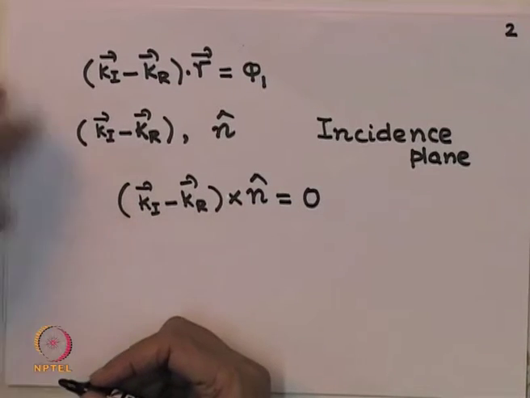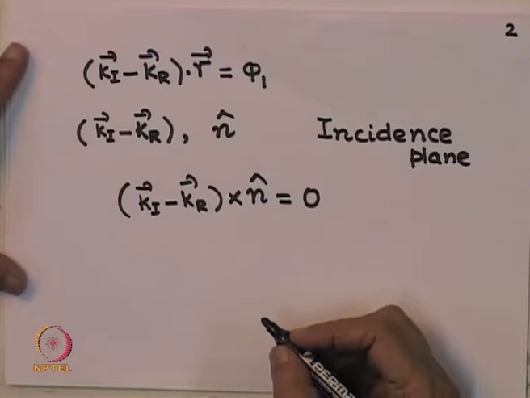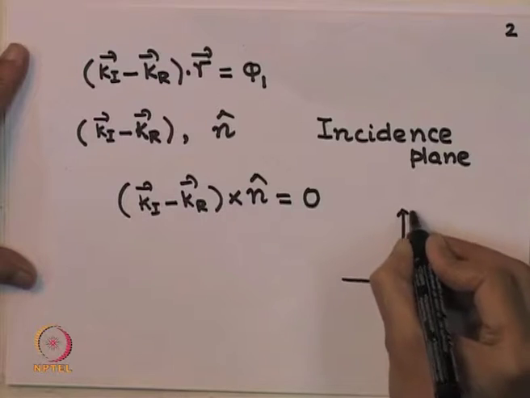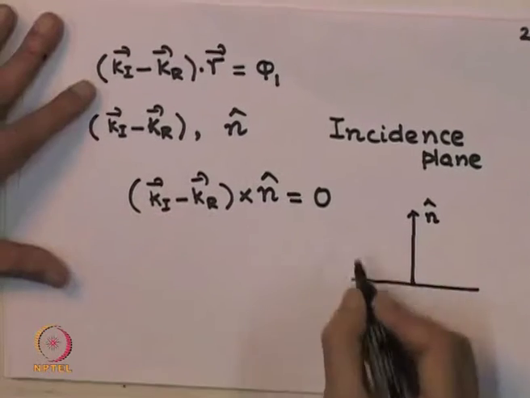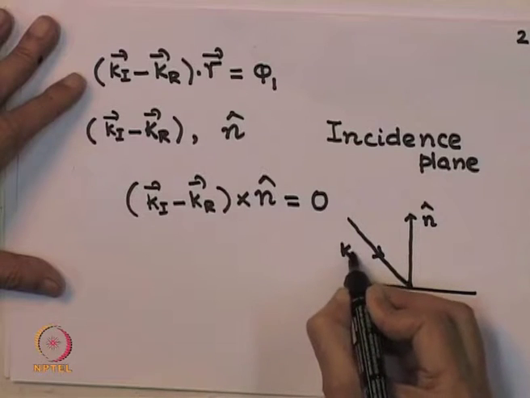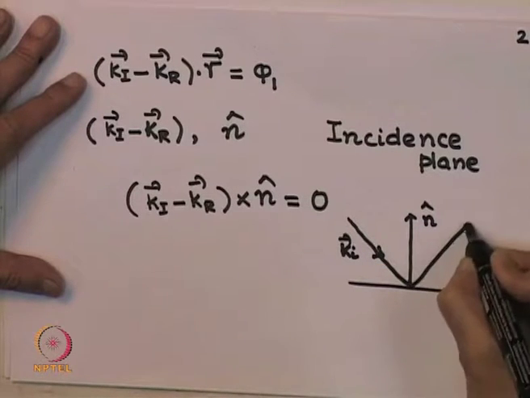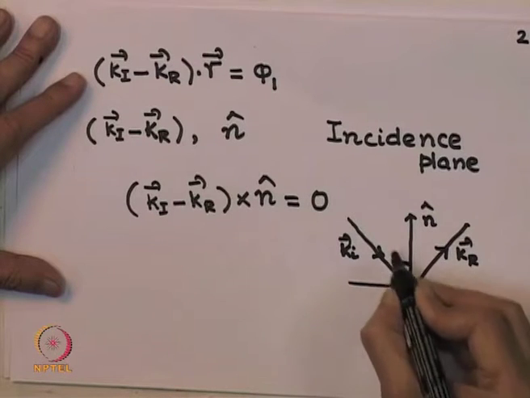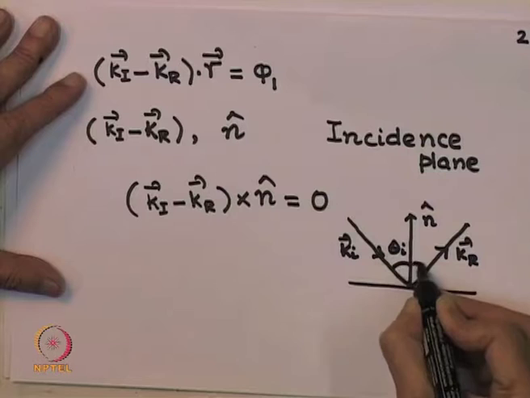Alternatively, let me repeat the picture we had shown. This is my normal direction, this is the direction of k_i, this is the direction of k reflected, this is angle theta_i and this is theta_r.